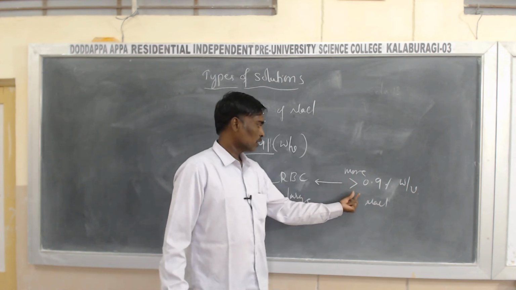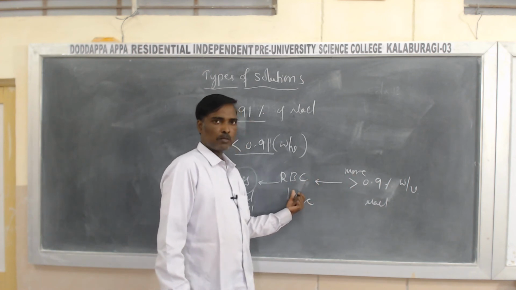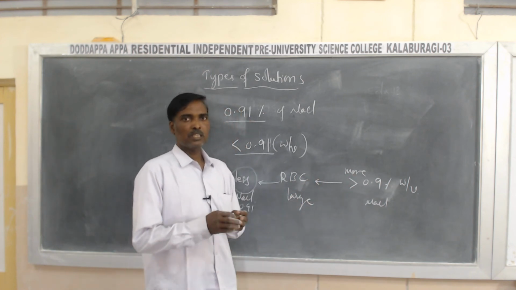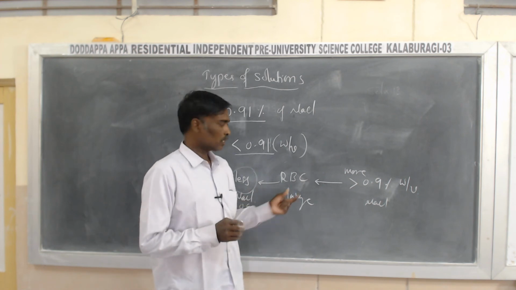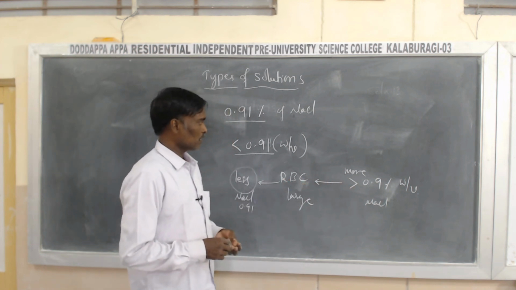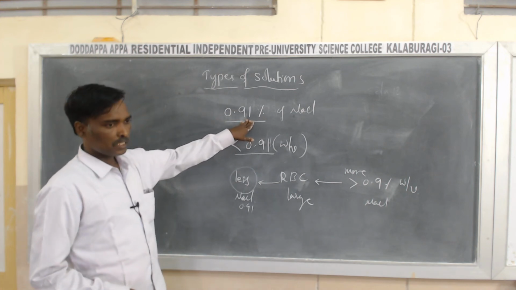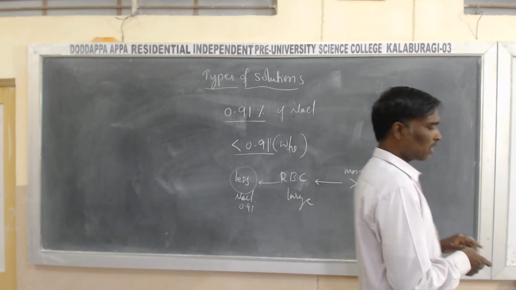Therefore the movement of fluid takes place from NaCl into the RBCs. Then the red blood cells get swelled. So that's why the 0.91 concentration is used as saline water.